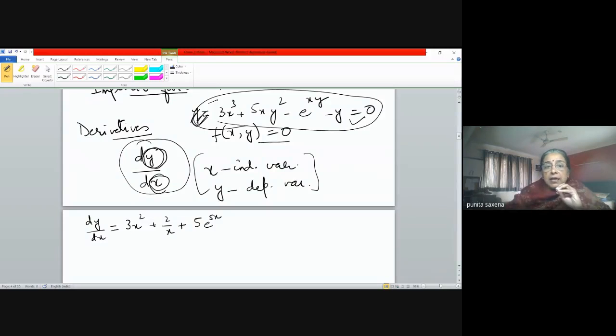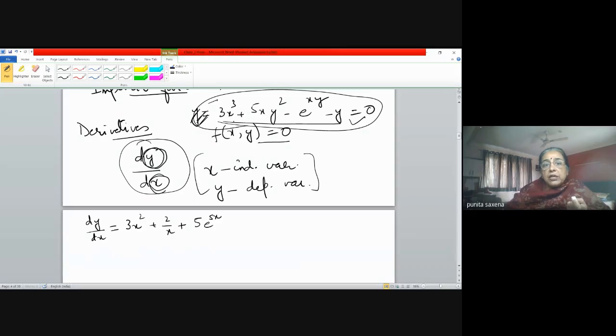For this kind of equation, I will not be evaluating dy by dx, but I would be differentiating this expression throughout with respect to x. And wherever there is a term containing y, I will have to add the differential of y with respect to x. अब इसी तरह से लिखते हैं ना इसको, right?